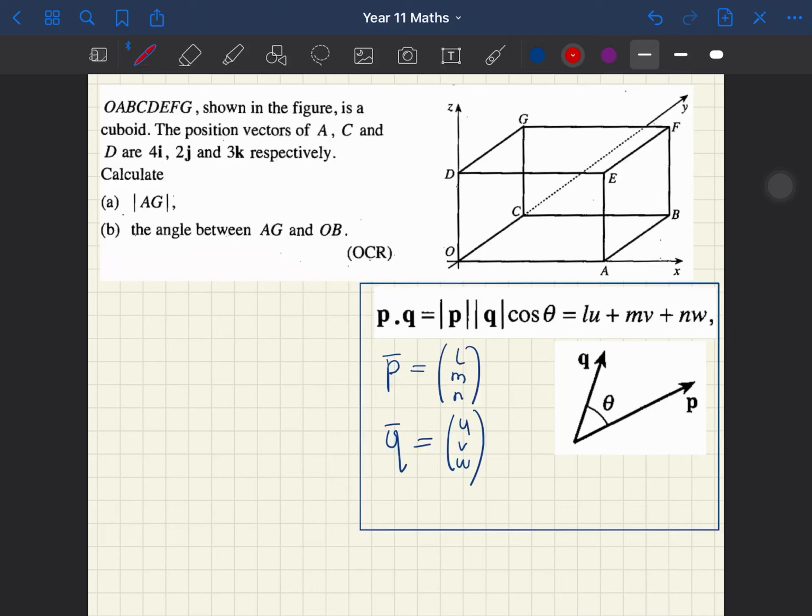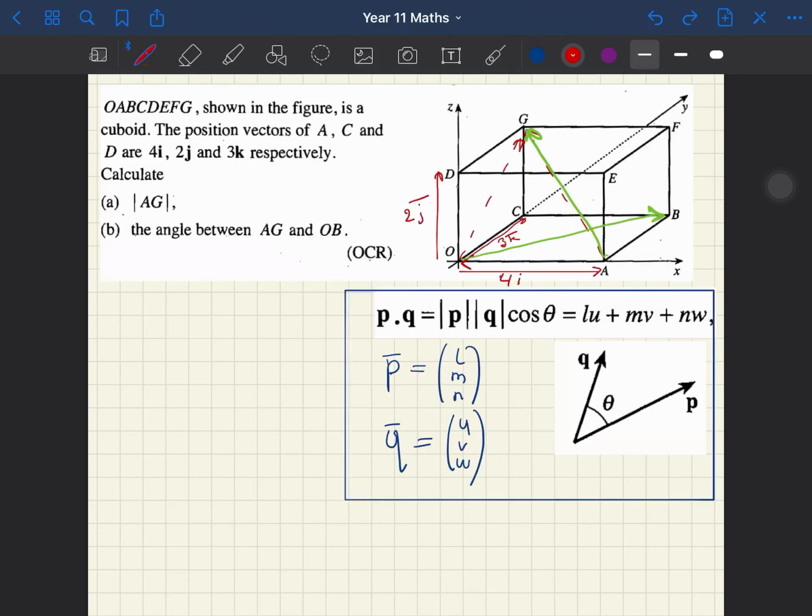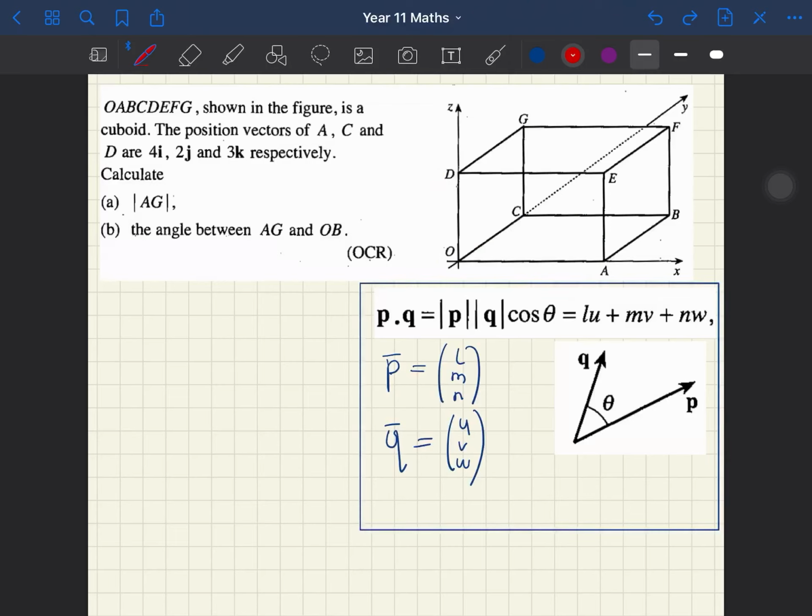This is 2j here. This is 2j, and so OC is 2j, OA is 4i, and OD is 3k, right?